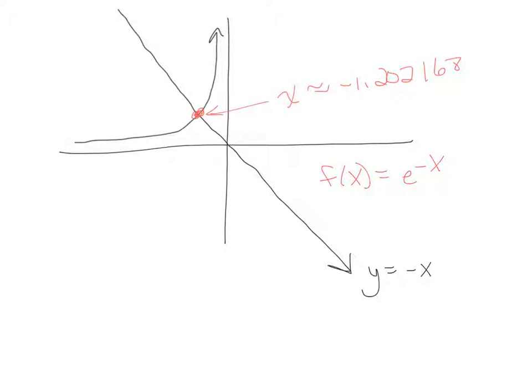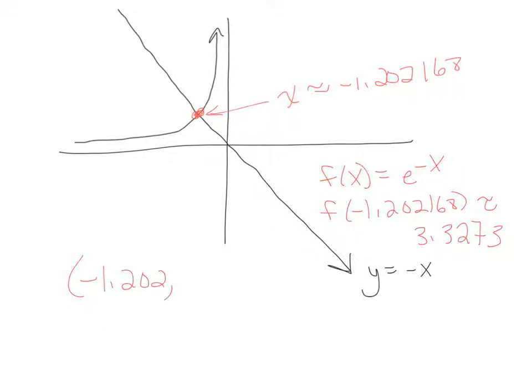So plugging that into our formula, we see that f of negative 1.202168 is approximately equal to 3.3273. So now we know about where our ordered pair lives. Our ordered pair has approximate coordinates of negative 1.202, comma, 3.327. And that is how you aim a tangent line.